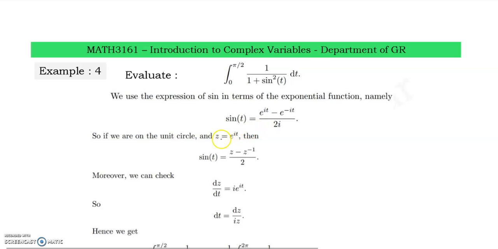Then z is e power it, and 1 over z is e power minus it. Then you write sine t in terms of z and substitute. The given question is in the variable t, and now we are going to convert it into z. That is one point.